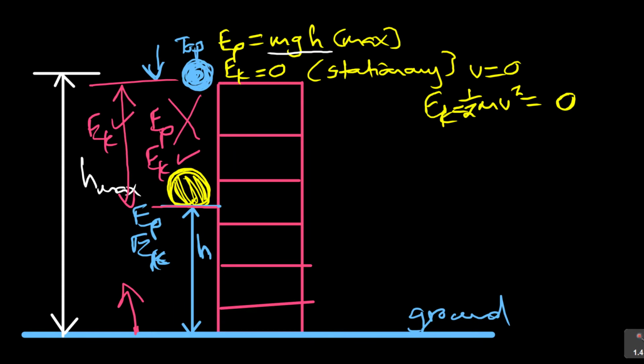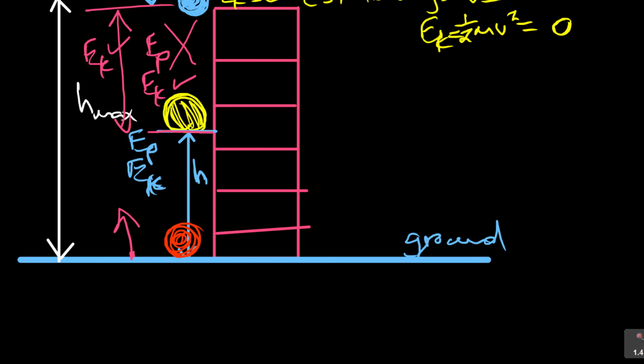And then lastly, at the bottom here, just before it hits the ground, they will also ask you what is the potential energy. Don't forget, this object doesn't have any height now above the ground. So if the ground is here 0, potential energy is 0. Why?